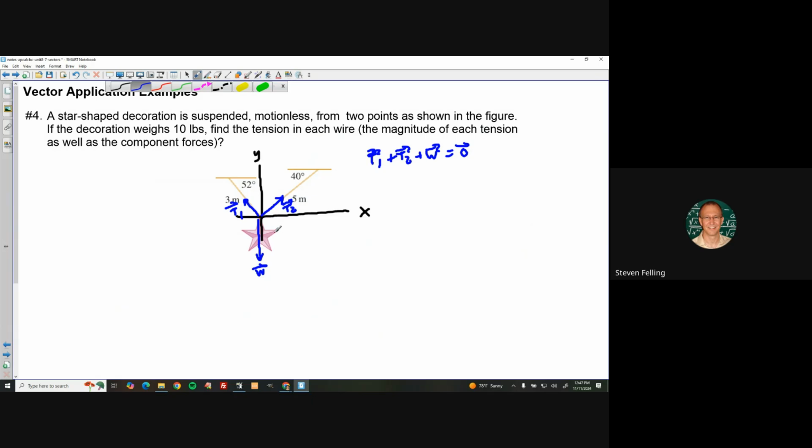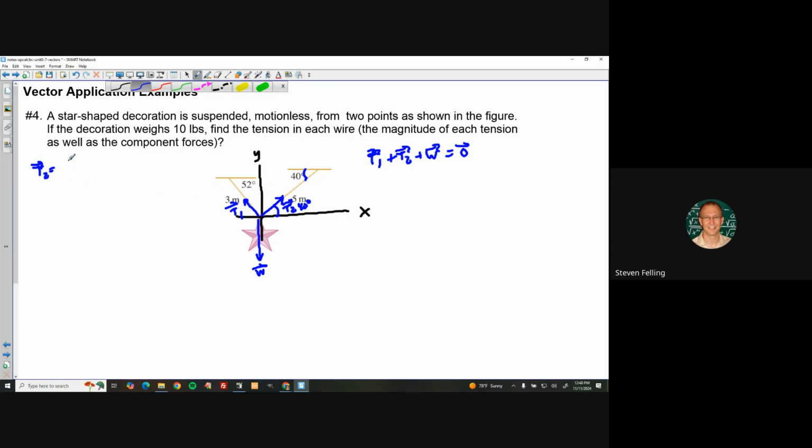All right, so now I have to come up with each of these vectors. Let's start with tension 2 for a second. Tension 2 has this angle right here as its angle. Would you agree? Because angle is from the x-axis counterclockwise towards the y. And because of the geometry here, this is an alternate interior angle with 40 degrees, so its angle is 40. So for tension 2, I'm going to write that first.